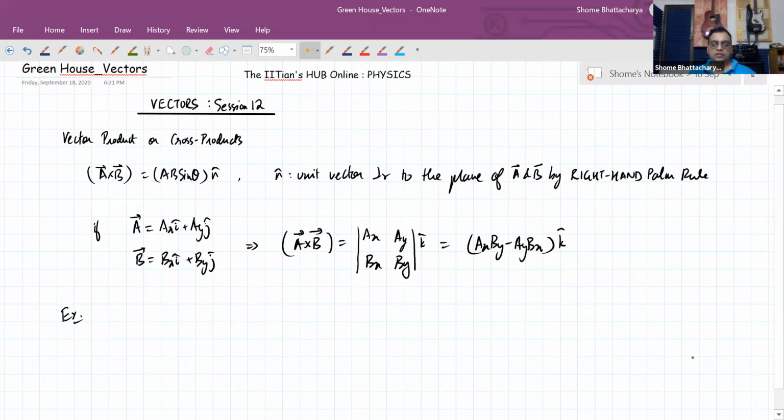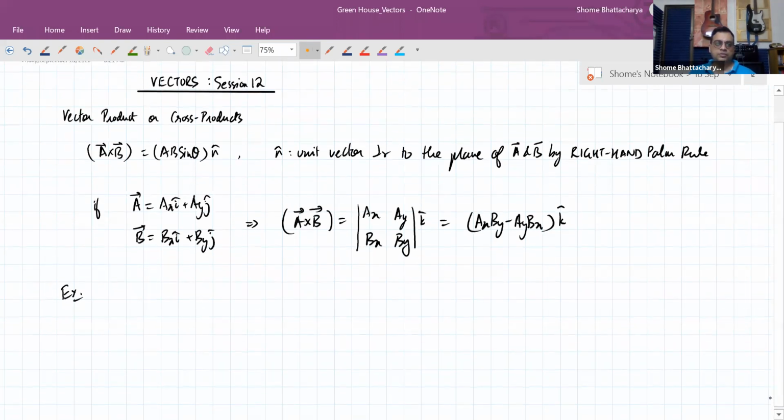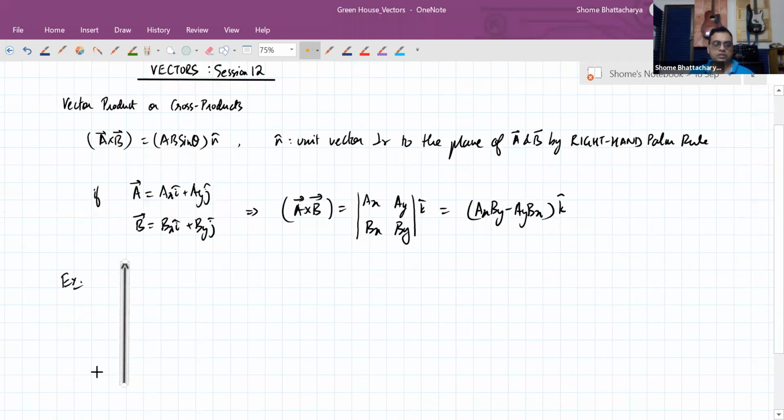Suppose we are given a problem in geometrical form, that is, two vectors drawn in the xy plane.